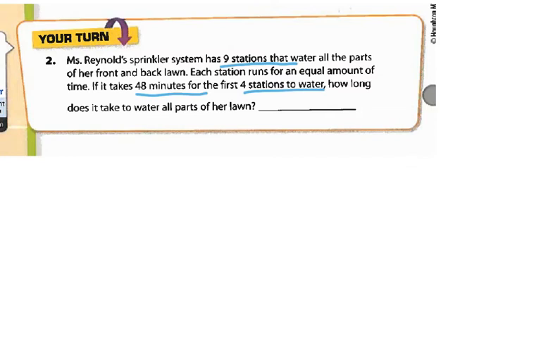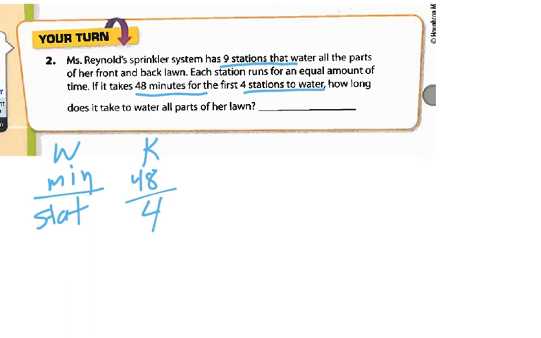Well, what do we know? We know that it's going to be minutes to stations. We know it takes 48 minutes for 4 stations. And we're trying to figure out how long it's going to take for all parts of her lawn. We do know that she has 9 stations.